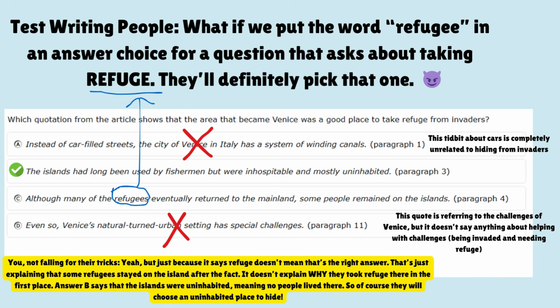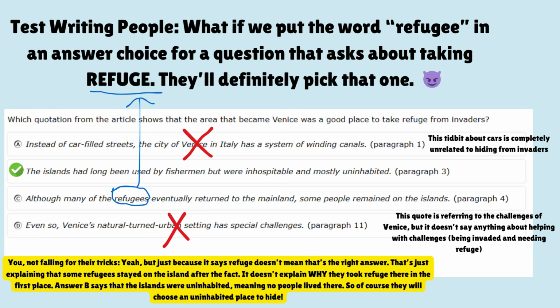We're also going to eliminate answer choice D. Even so, Venice's natural turned urban setting has special challenges. So this quote is referring to the challenges of Venice, but it doesn't say anything about being invaded and needing refuge.